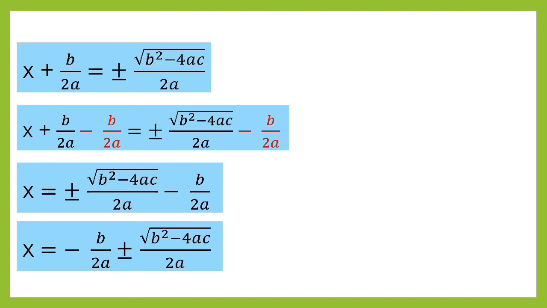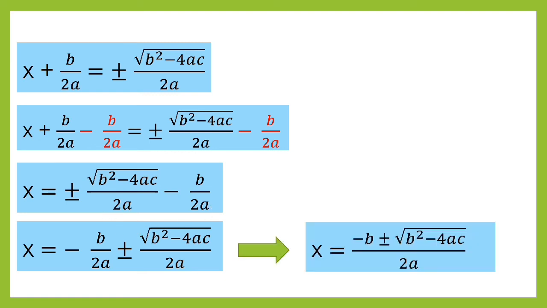We now have x equals negative b over 2a plus minus square root of b squared minus 4ac all over 2a. And then we simplify.